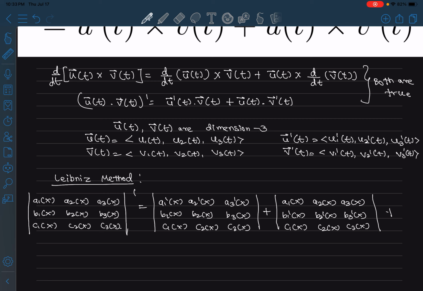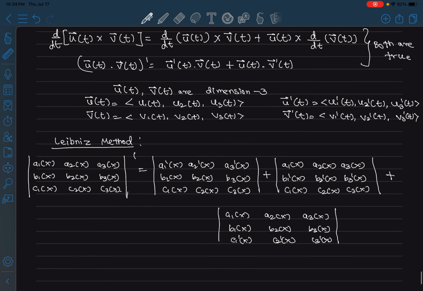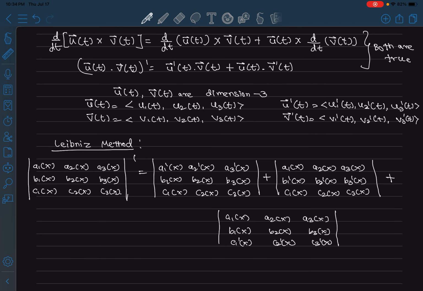Again added with a1, a2, a3 of x, b1, b2, b3 of x, and then c1 prime of x, c2 prime of x, c3 prime of x. This is Leibniz method. Now, if you know this, let's try to prove the thing.